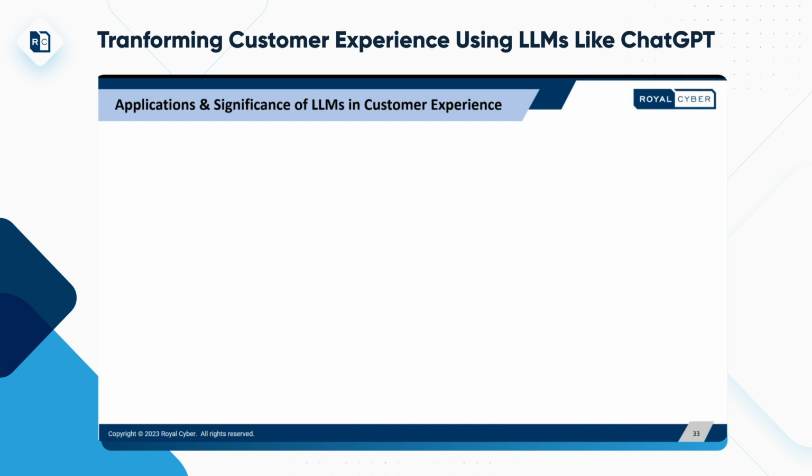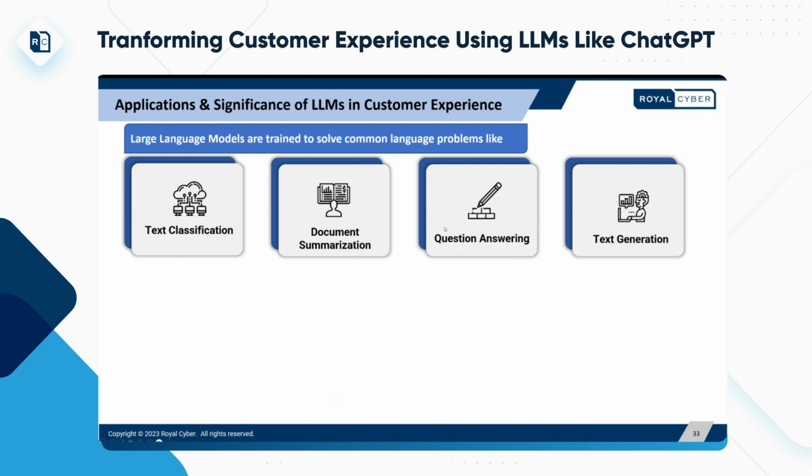Now, application significance of large language models in customer service. So, at a very high level, large language models can solve common language problems. So, text classification, document summarization, question answering, and even text generation.